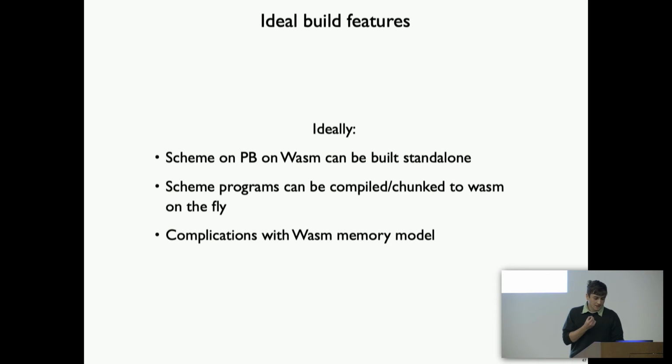And another smaller step here, even for getting interactive compilation, would be not having to relink every time you want to run a new program. That would be really nice. If you didn't even have to have Emscripten installed to do the relinking and the recompilation, that would be really cool.